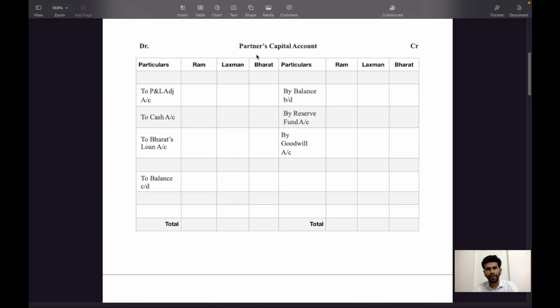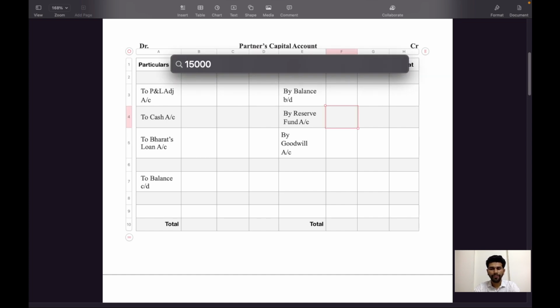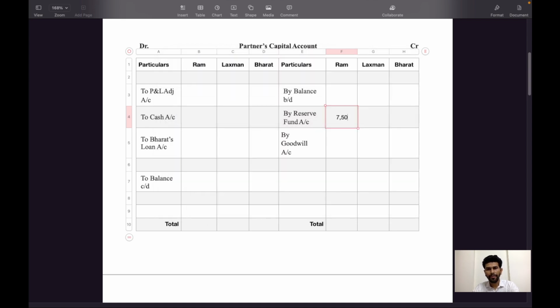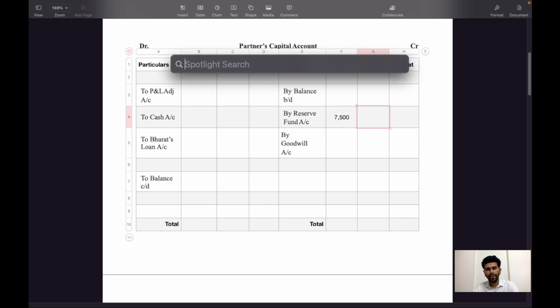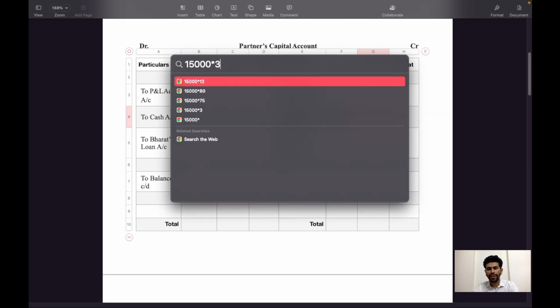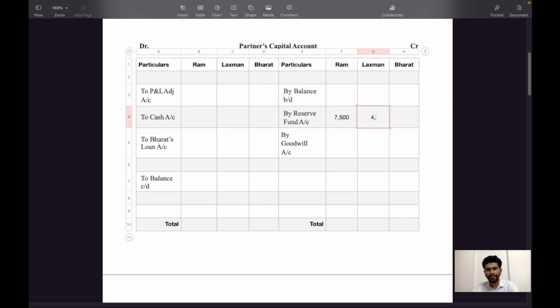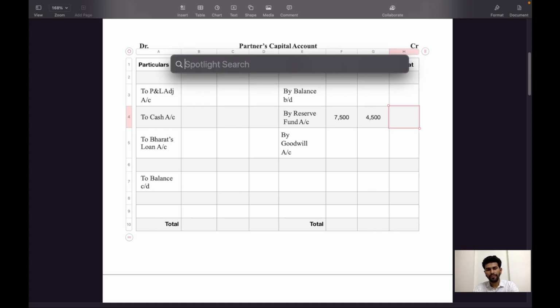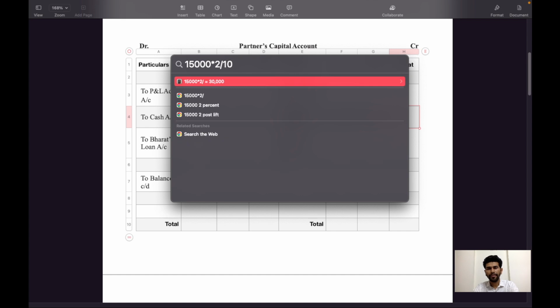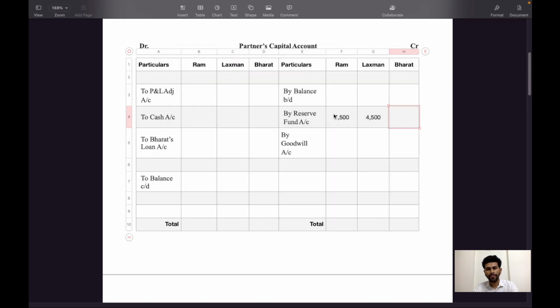So partners' capital account credit side, reserve fund, total reserve fund is 15,000. 5 by 10, 7,500 rupees for Mr. Ram. 15,000 into 3 by 10, the share of Mr. Lakshman is 3 by 10, amount is 4,500, and 15,000 into 2 by 10, 3,000 rupees for Mr. Bharat.